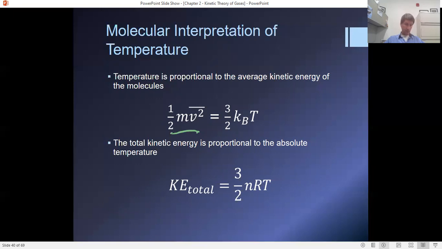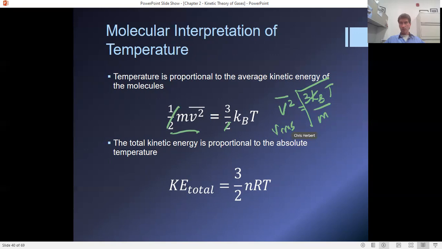I'm going to multiply both sides by 2 to get rid of that, and we get that v squared on average is equal to kBT times 3 over m, and then we're going to take the square root of both sides and get an expression for just the RMS.